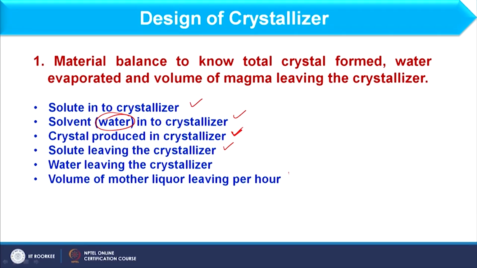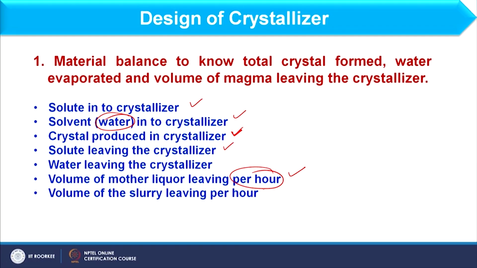Once we have that, we can calculate the total volume of the mother liquor which is leaving per hour. Okay. So, in this way you should consider how much crystals are formed, how much vapor is produced, how much mother liquor is available, and how much solute is remaining in the mother liquor. So, all that we should consider in designing.